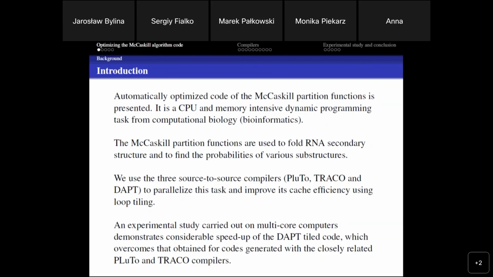And the McCaskill partition functions is a probabilistic RNA secondary structure task from bioinformatics and computational biology, an intensive dynamic programming problem.